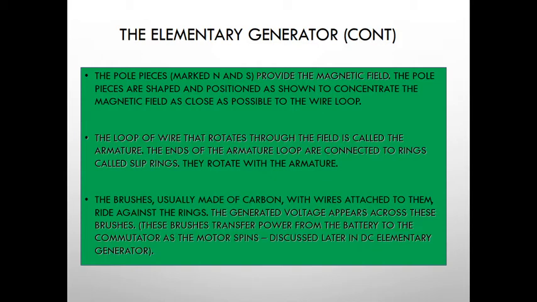So the brushes are usually made of carbon. Carbon brush, para sa ato ang term. Carbon brush na siya, with wires attached to them, ride against the slip rings. So the generated voltage appears across these brushes. These brushes transfer power from the battery to the commutator as the motor spins.